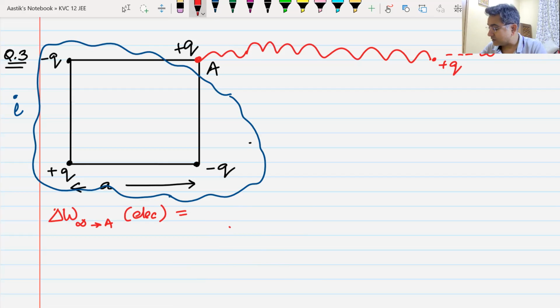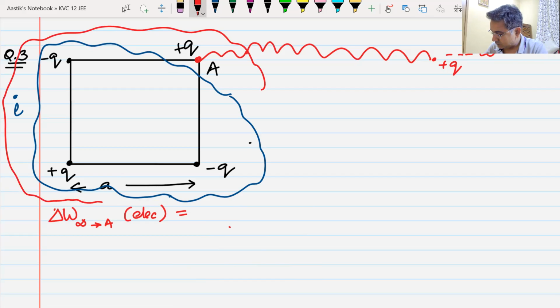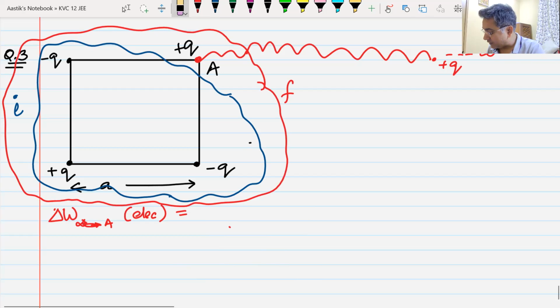What is my final system? My final system is the red system. This is my final system, and that is what you had to do. Instead of writing it as U infinity to A, you could have written it as U initial to U final. Do we understand this?